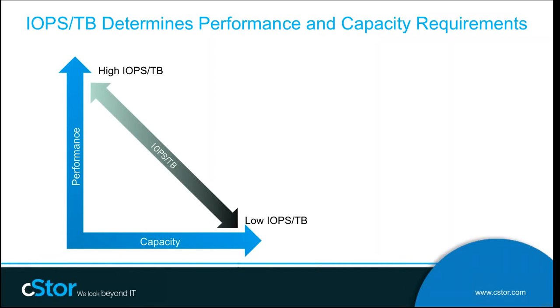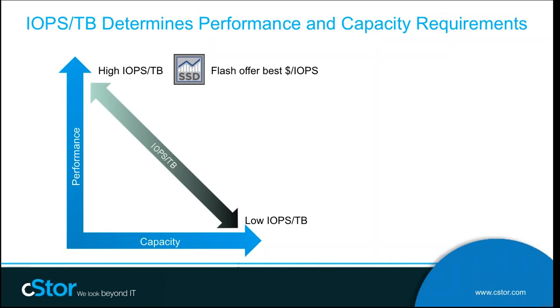You don't have a whole lot of capacity, but you have a whole lot of IOPS, very much a flash type environment. Across the bottom, the larger the capacity you go to, typically your IOPS are not as much of a requirement. This would be for long-term storage, so you can have a whole lot of capacity with not a lot of throughput and IOPS behind it.